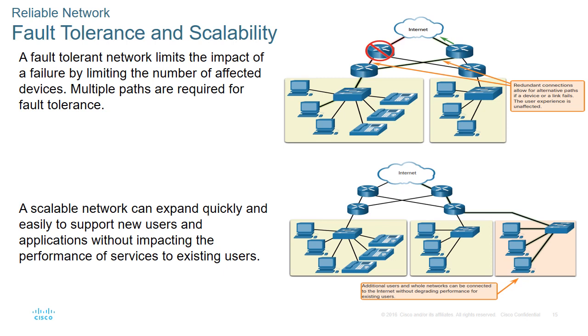So a scalable network can expand quickly and easily to support new users and applications. The important thing is it should not impact the performance of the services to the existing users. Without affecting the existing users, new users and applications should be added in the network. This is scalability.